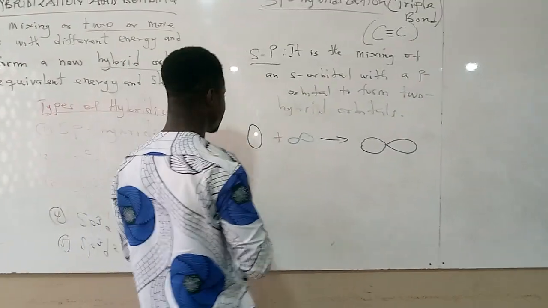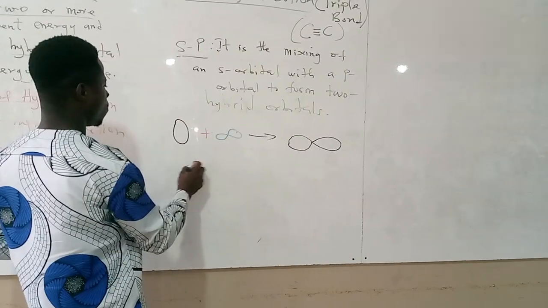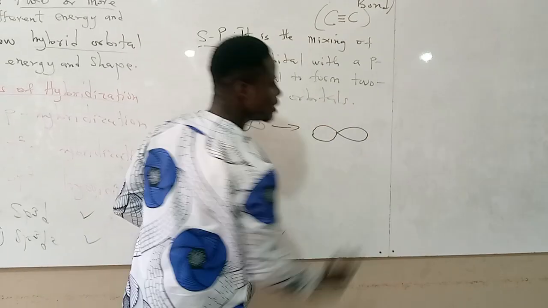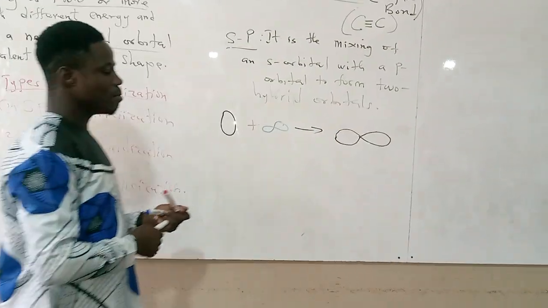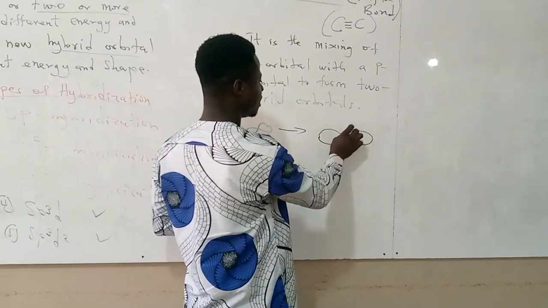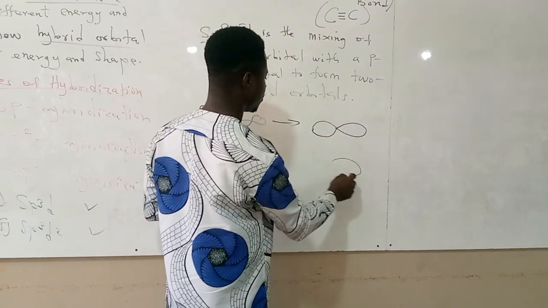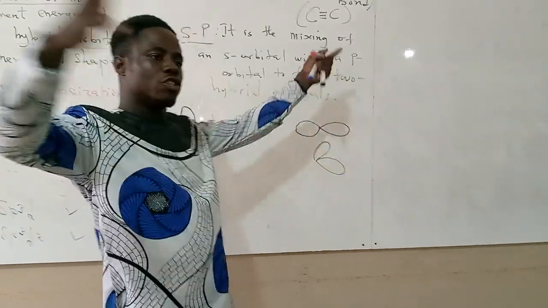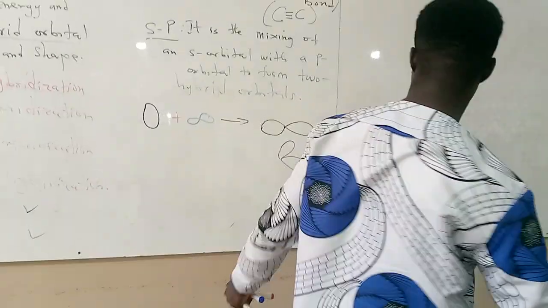The answer is, look at this. This is on a straight line like this, because when they are forming, you cannot form them like this, or like another one. They prefer to stay far away from each other.